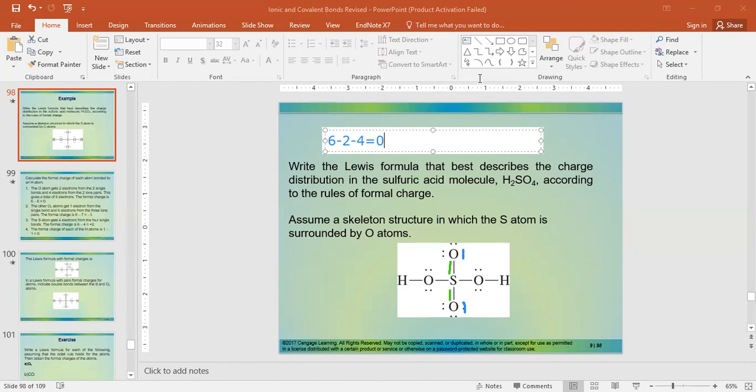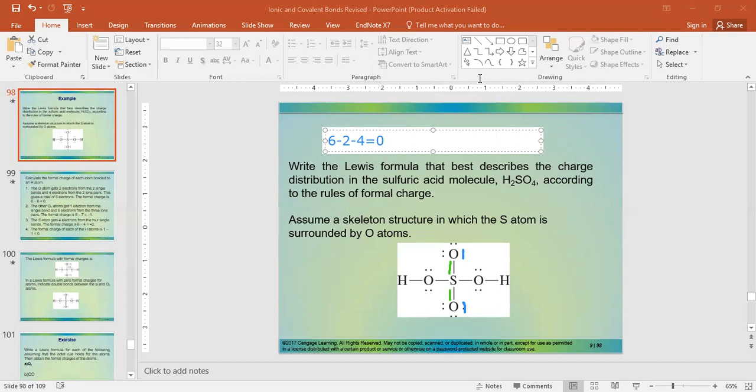Is that okay? No. Excuse me. Why are you saying no? Remember what we did for carbon dioxide. It's not okay because I'm trying to wonder, at first, oxygen had 6 lone pairs of electrons.